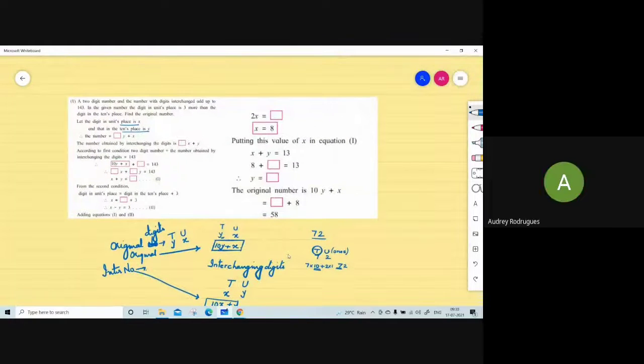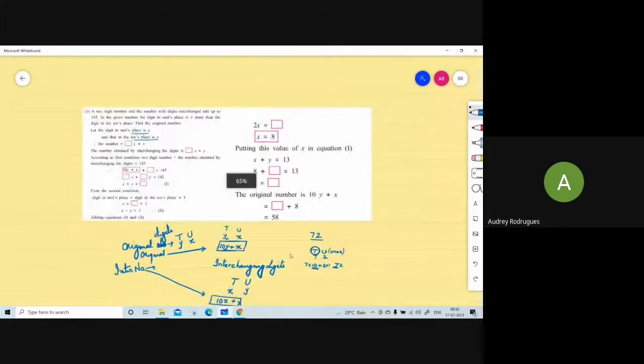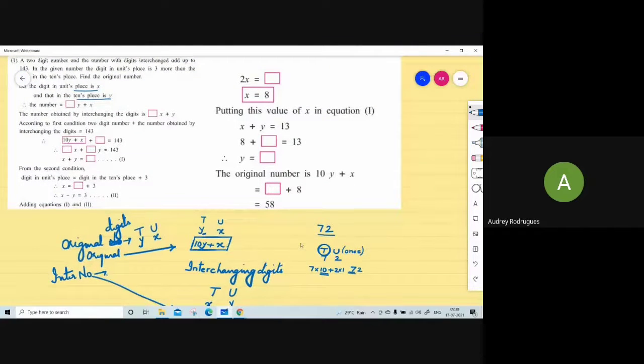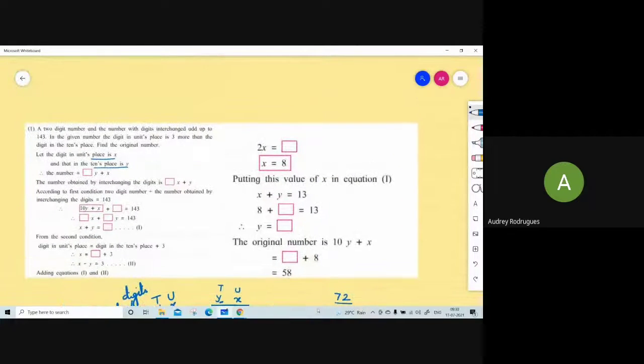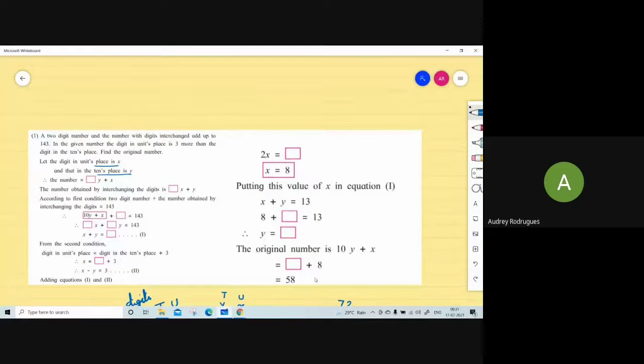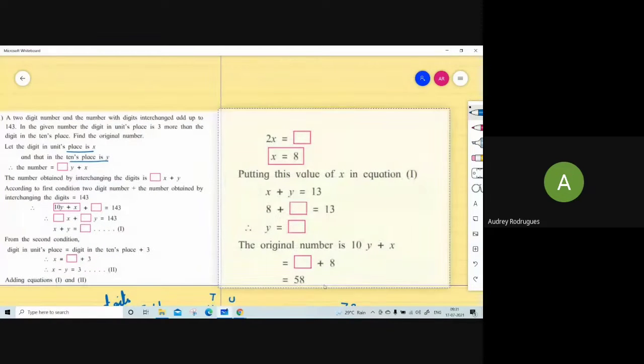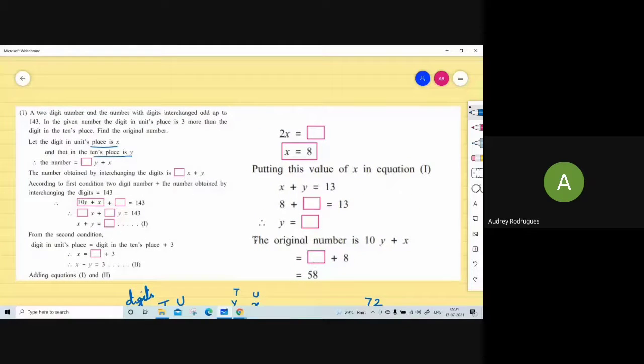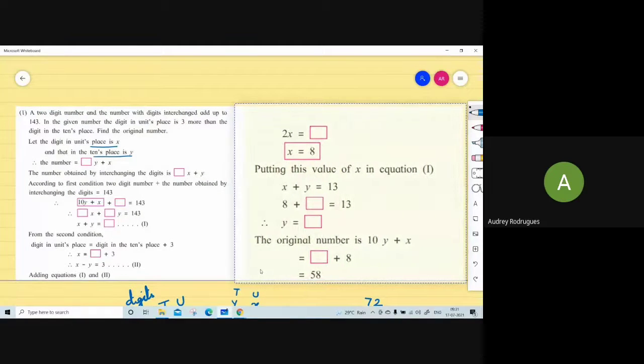So now we come to the question. The two-digit number and the number with the digits interchanged add up to 143.